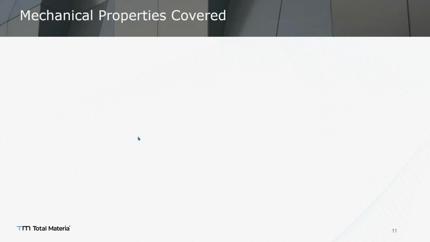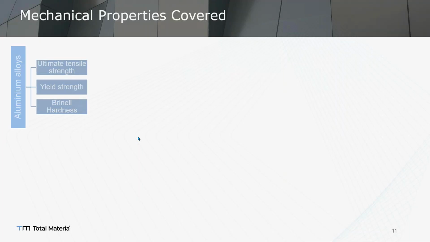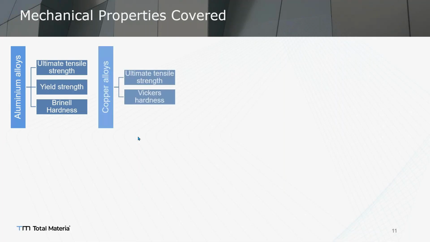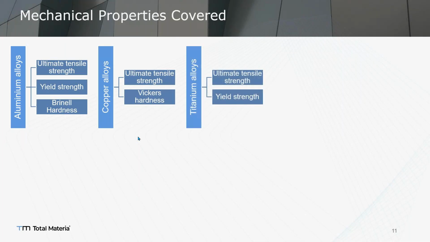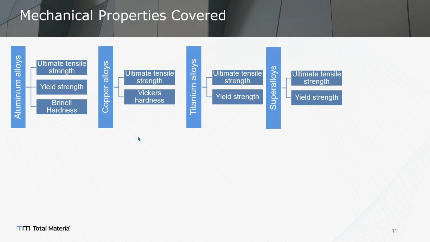Quickly to go over the different mechanical properties, physical properties, stress strain curves, and the fatigue data that we cover. We cover them, you'll see they're bundled up in material groups. So the mechanical properties we cover are usually UTS, so tensile strength, yield strength, and hardness. And of course, as you could see as I'm going through the list, some materials have more properties, some have less.